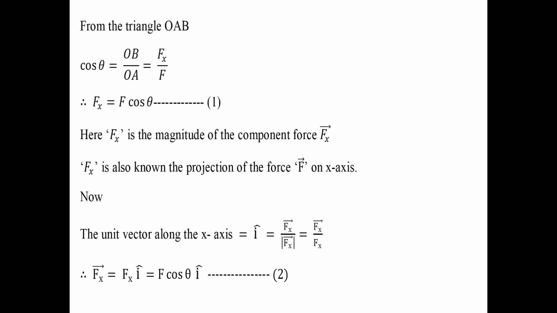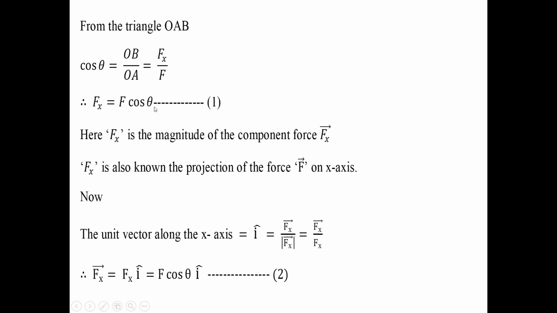If the force F bar is making an angle theta with the x-axis, then the projection of force F bar on the x-axis is Fx, that is equal to F cos theta. F is the force F bar magnitude.